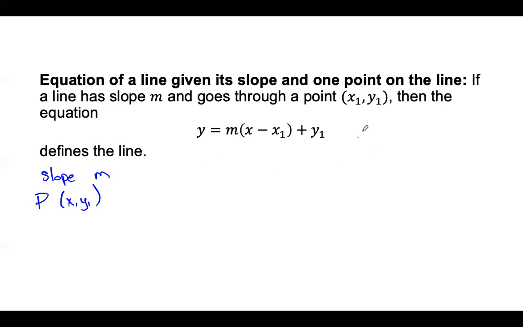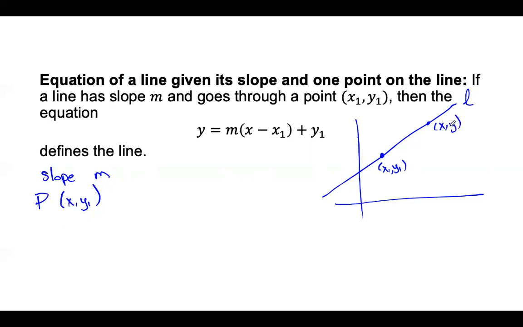Over here, we have a point, and it's x1, y1. This is an important concept to really master, I think, just in general for math. And we have this line. So this is our line. Let's call it L. And we have this generic point, x, y over here.